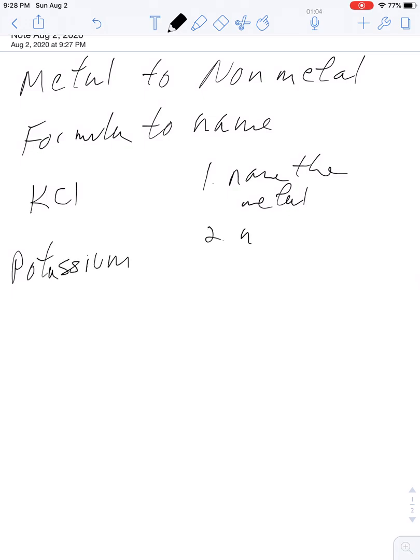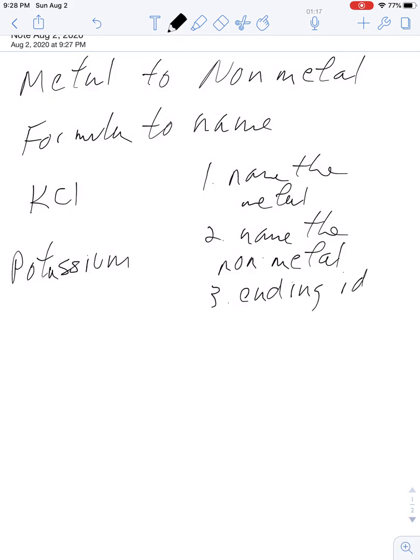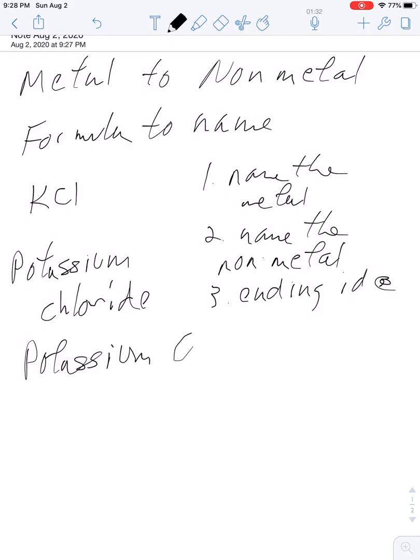Then name the nonmetal, and then change the ending to IDE. So it'd be potassium chlorine, but change the ending to IDE, so the compound would be called potassium chloride. Okay?